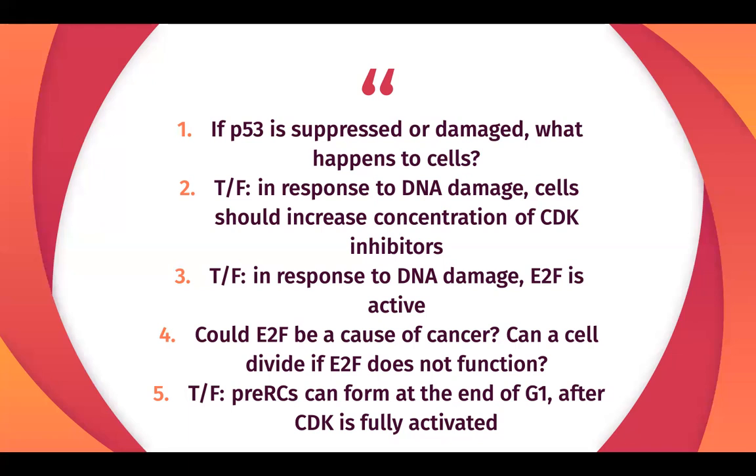But the reason that it's false is because pre-RCs can only form when you have low CDK levels, because once you have high CDK levels, then you get your pre-ICs, and then everything that makes the pre-RC gets phosphorylated, and then they get shoved away from anywhere inside the nucleus to make sure that pre-RCs don't form again.